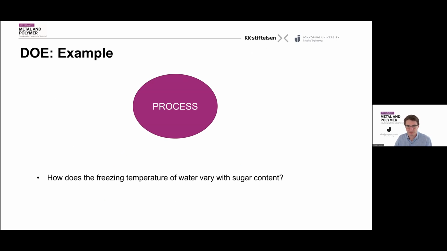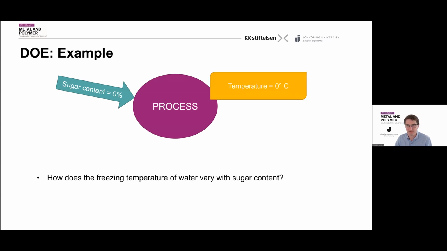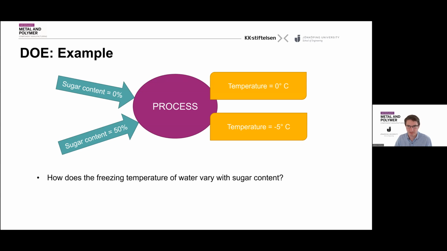If we start with pure water, then we measure the temperature, it's 0 degrees, the freezing temperature. We change the sugar content to 50%, well, then we see that the temperature goes down to -5 degrees. So by testing different values here, we can get an understanding of how this process behaves.